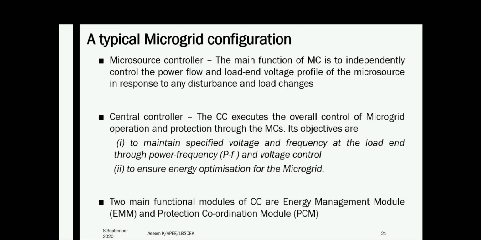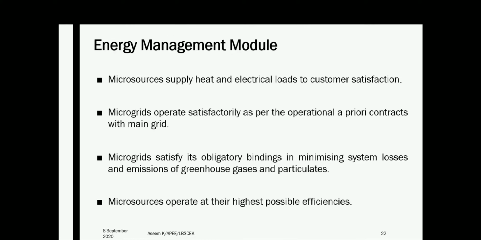The energy management module provides set points for active and reactive power output, voltage and frequency to each micro source controller. The energy management module must control the following things: micro sources supply heat and electrical loads to the customer's satisfaction; it ensures the microgrid operates satisfactorily as per the operational contract with the main grid; it ensures the microgrid satisfies the obligatory binding in minimizing system losses and emissions of greenhouse gases and particulates; and it ensures the micro sources operate at their highest possible efficiencies.